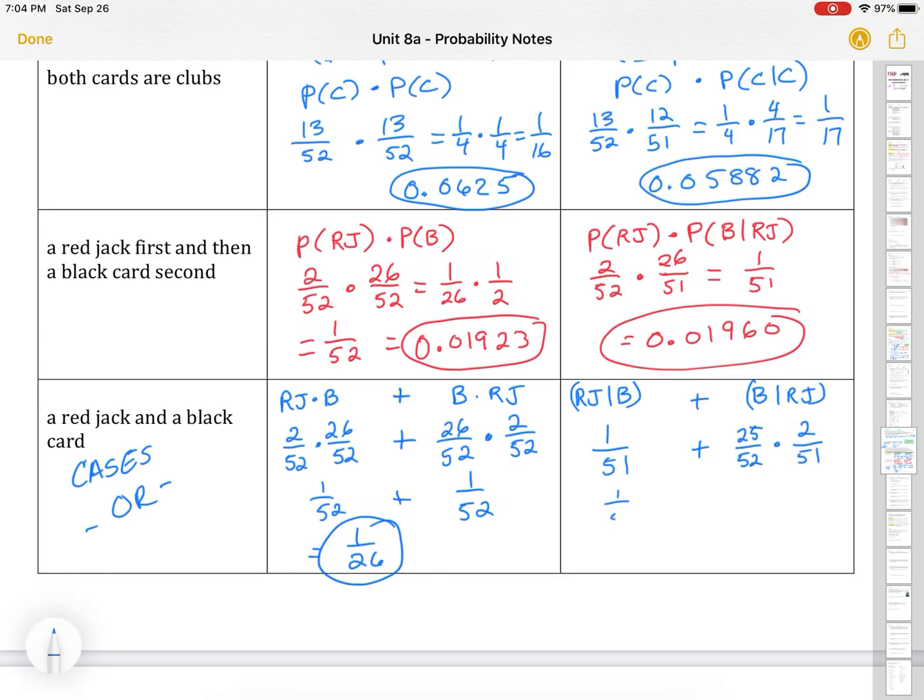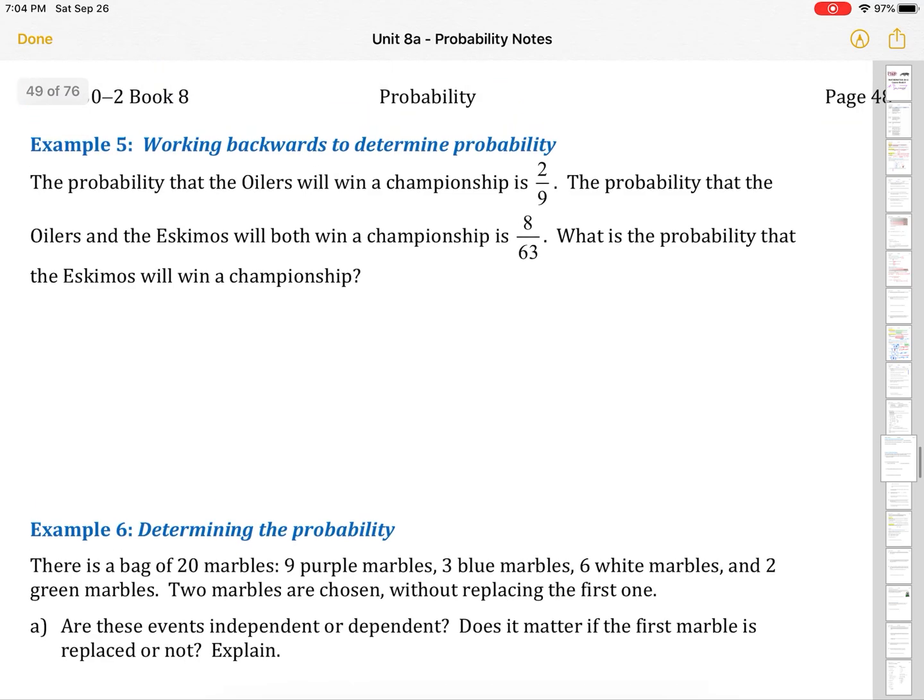And for this one, and again, they're cases, for our black card it's going to be 26 out of 52, times 2 out of 51, and that will reduce to 1 over 51 as well, and we'll get our answer of 2 out of 51. So this is cases because if we're switching order, we have to look at both possibilities to make sure it works. One last page of examples.